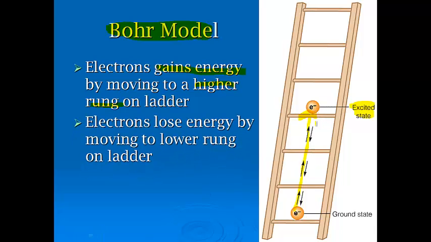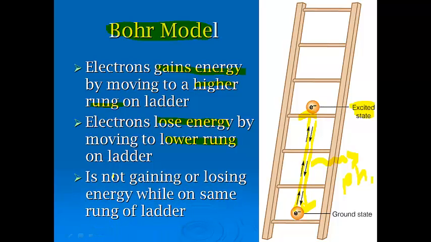In order to come back down, it has to lose some energy, and it does that by giving off photons, a lot of times photons of light, but photons of energy. Electrons lose energy by going down. But if they stay on the same step, they're not gaining or losing; they have the same amount of energy. If this electron stays down here at the ground state and hangs out for a while, it's going to have the exact same amount of energy.